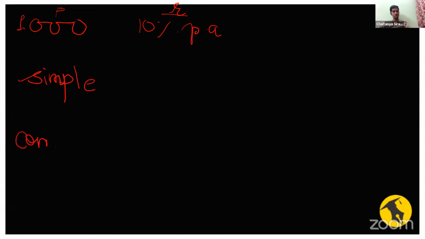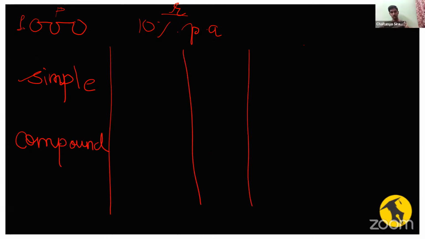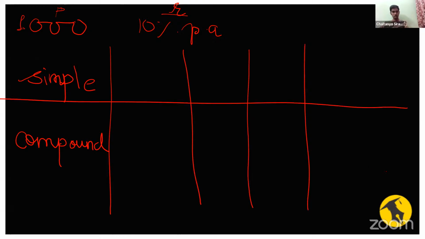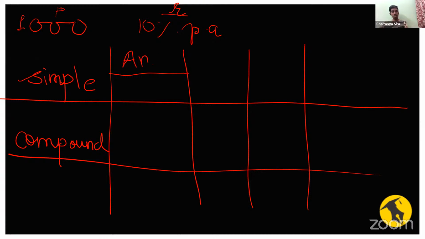So this is simple, this is compound, first year, second year, third year. I'll have amount on one hand and interest on the other, so we can compare both amount and interest.